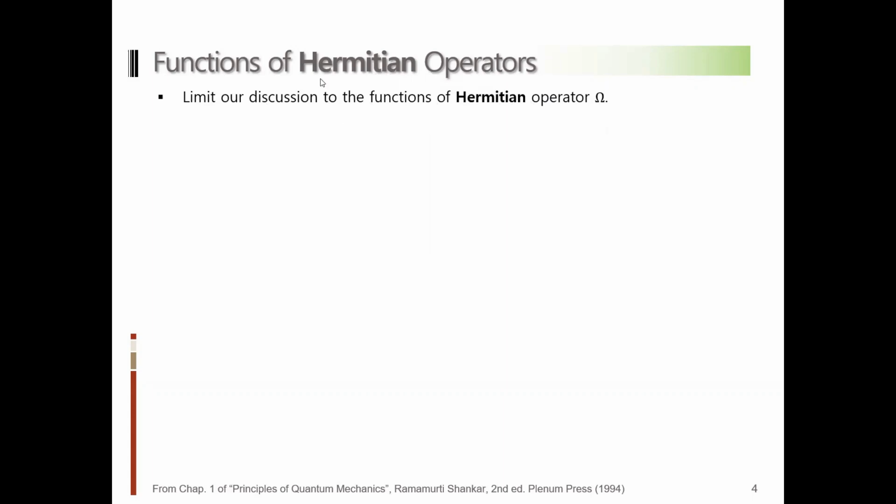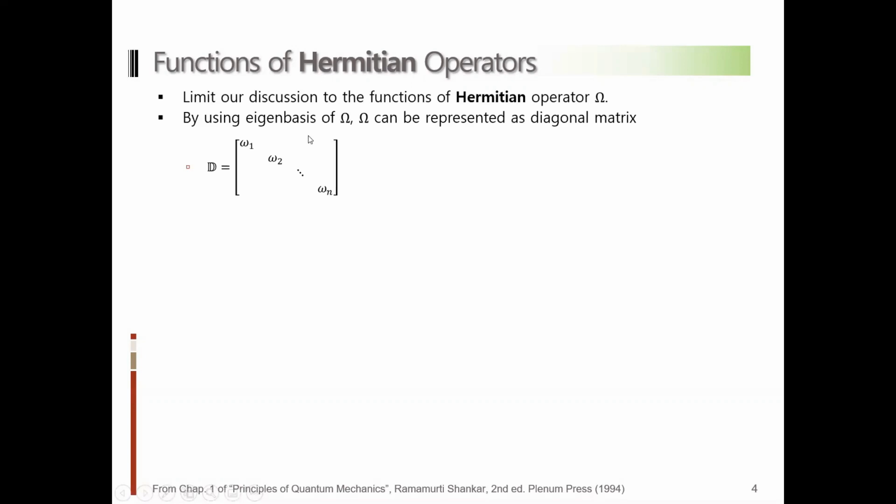The Hermitian operator has a very useful property that the operator can be represented as a diagonal matrix if we use all the orthonormal eigenvectors as the basis for the matrix representation.